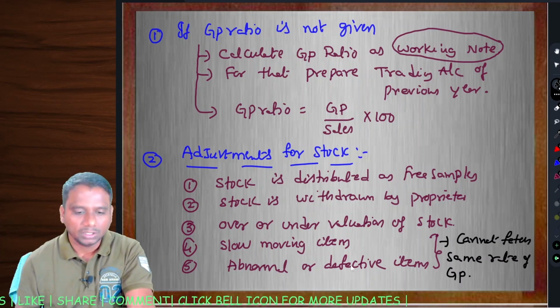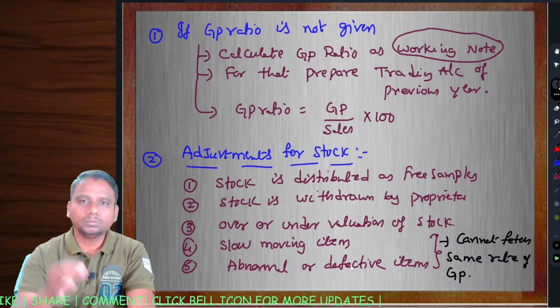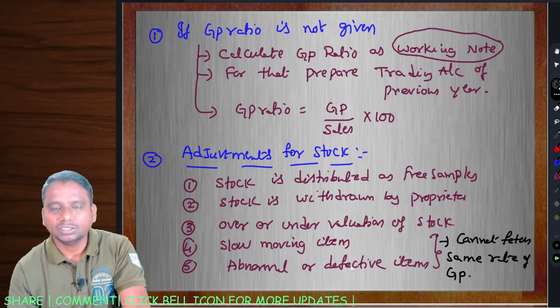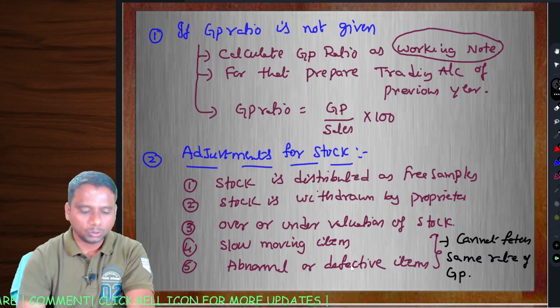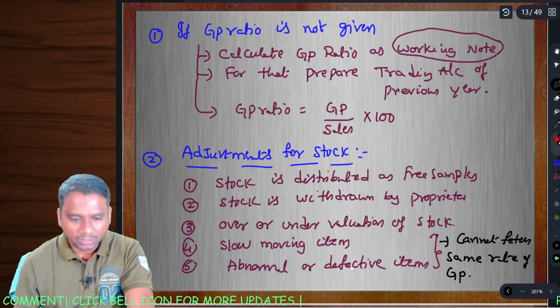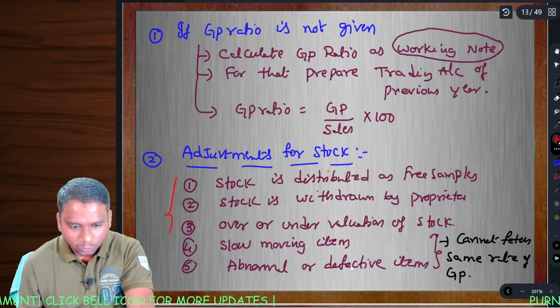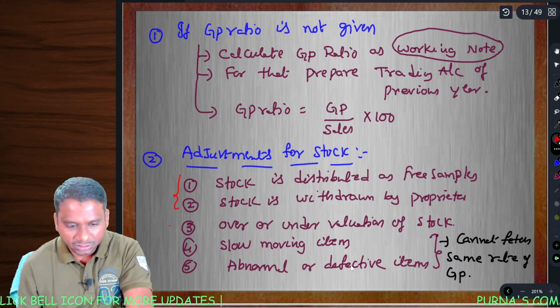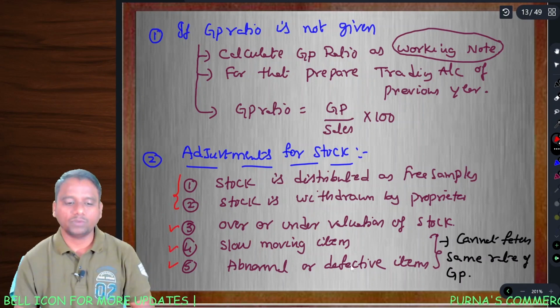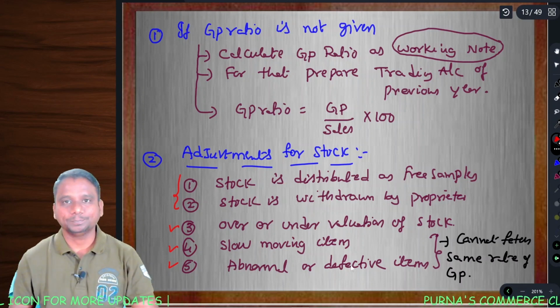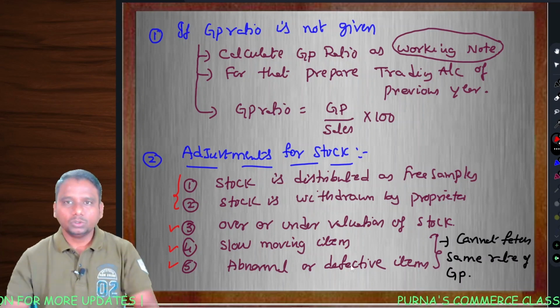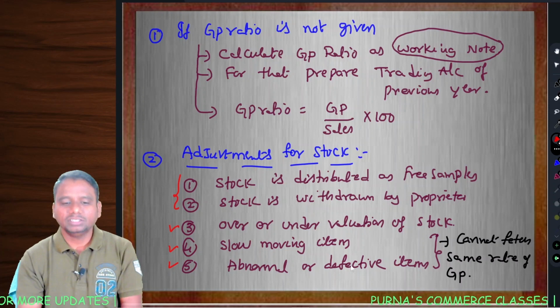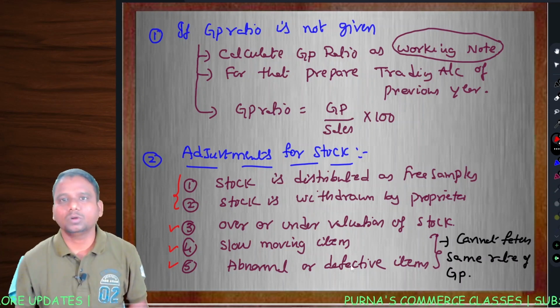Second one is what? Abnormal items, adjustments for stock. Sometimes they may not give these two, but out of 3, 4, 5, sometimes they may give you. Clear, everybody?